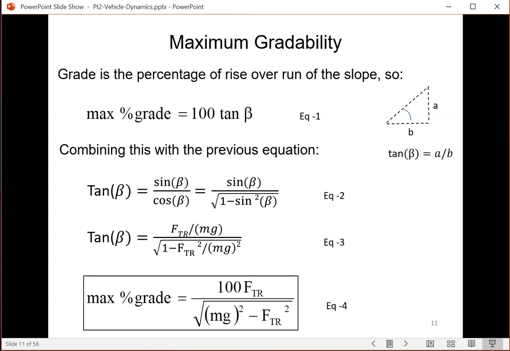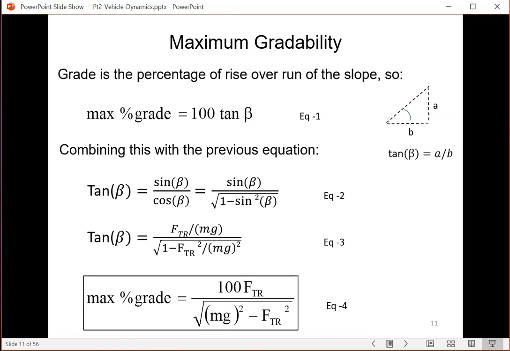of a vehicle, the percentage of gradient, given the particular traction force. If we know the maximum traction force, and we know the mass of the car, or of the vehicle, then we can work out the maximum gradient the car can travel up to.